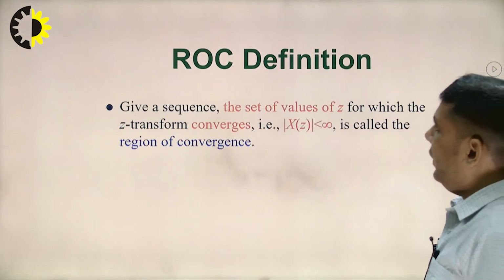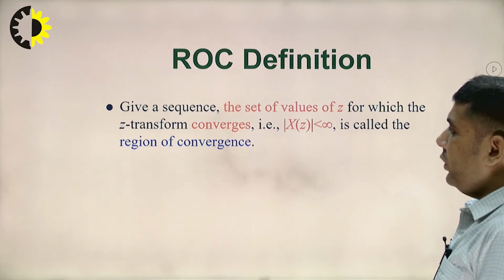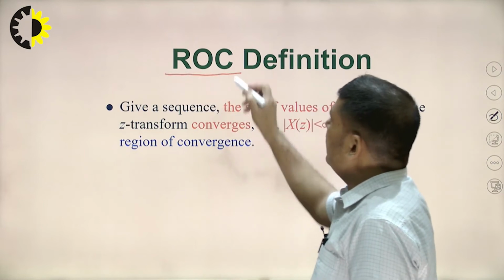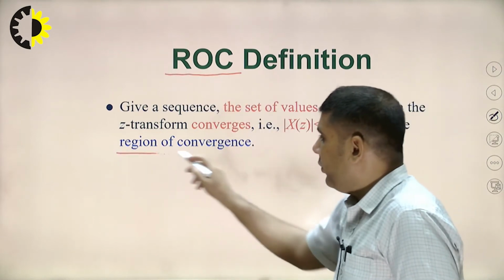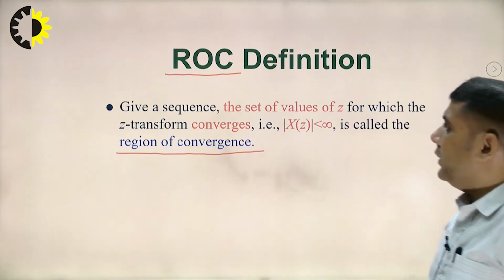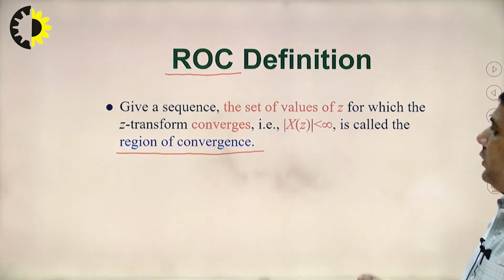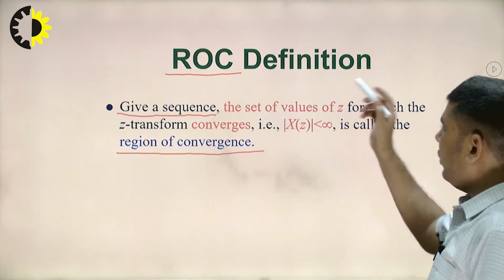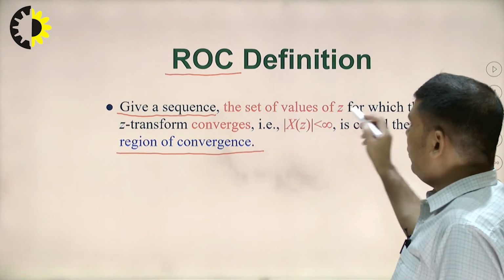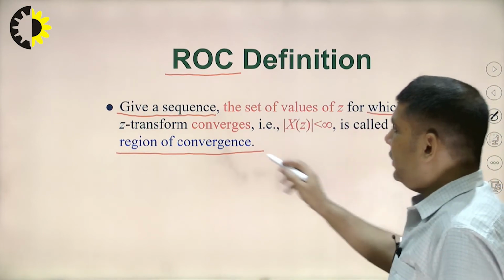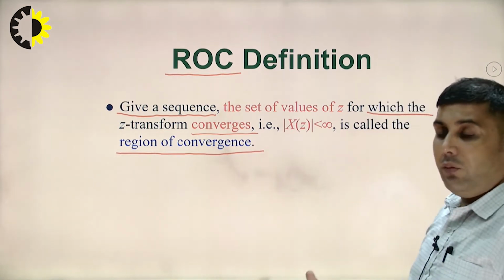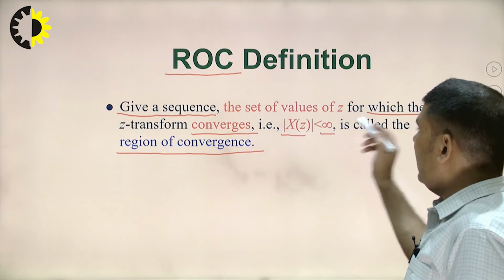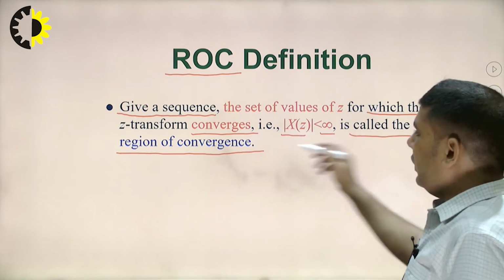So the next point before we go into details of Z transform is the ROC. ROC stands for region of convergence. So basically it is an area, you can say. Suppose we have any discrete signal or a sequence. ROC is basically the set of values of Z for which the Z transform converges or becomes finite, not approaching infinite, that is, X(z) magnitude is less than infinity, is called region of convergence.